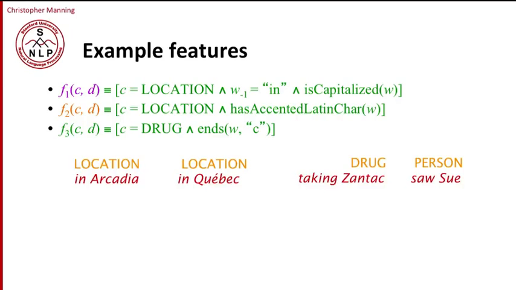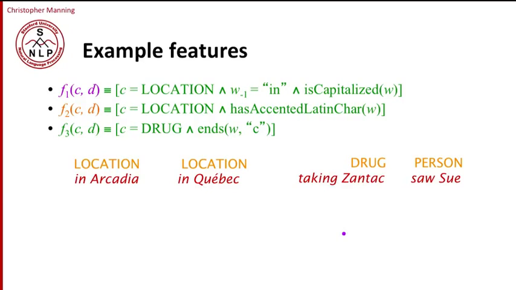Okay, so the first feature, the purple feature, is saying that the class is location. In these example pieces of data, I'm assuming that I'm looking at the last word in the sequence, and then the class above it is being shown in orange.